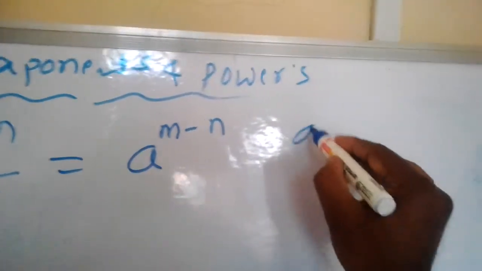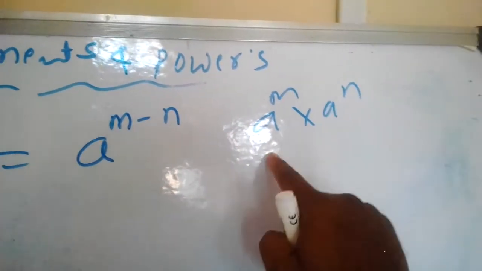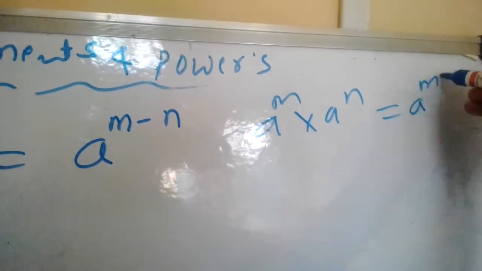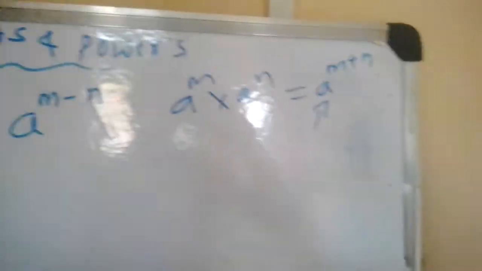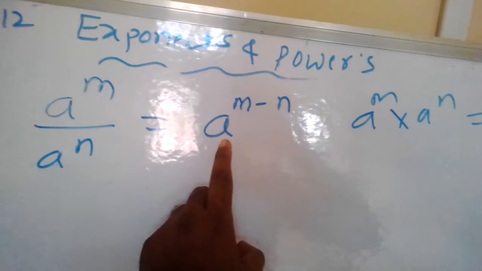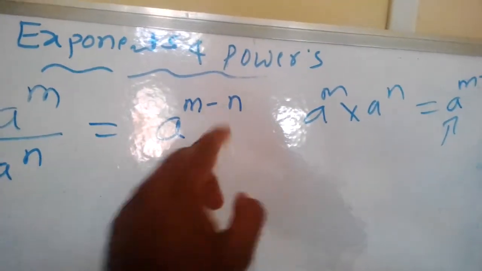In the previous case, having the same base with different powers, their powers are added and the base is kept as it is. In this case, a raised to m divided by a raised to n, keep a as it is and just subtract the powers, a raised to m minus n.